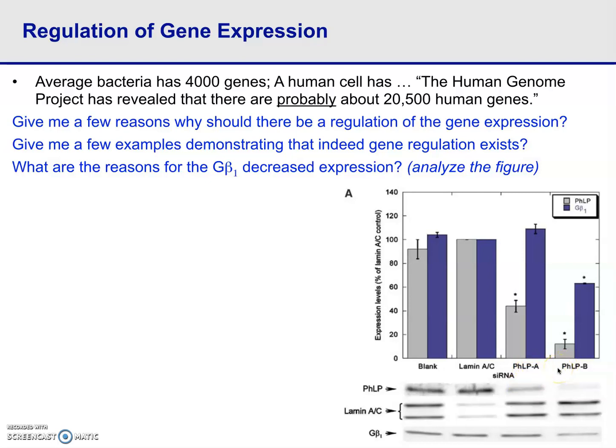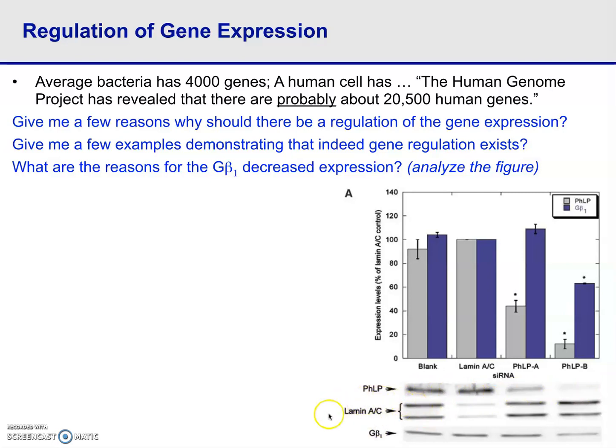So we took cultured cells, we transfected these cells with these small interfering RNAs, and they led to different degrees of silencing of the fusiform-like protein expression. And you can see the expression of fusiform-like protein, where wherever we use these two, we have decreased expression compared to the control cells.